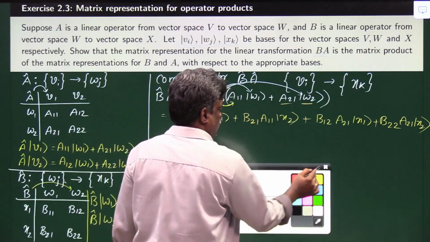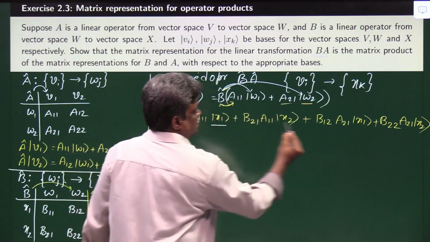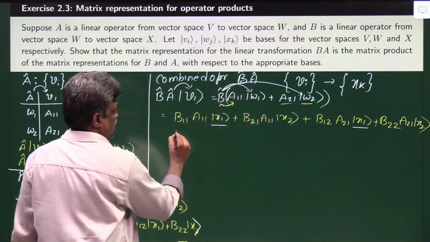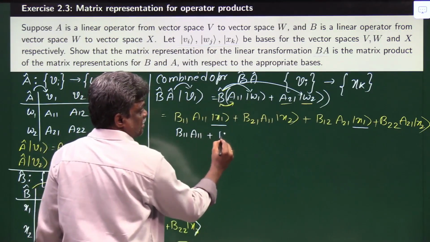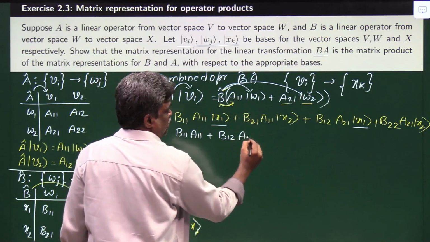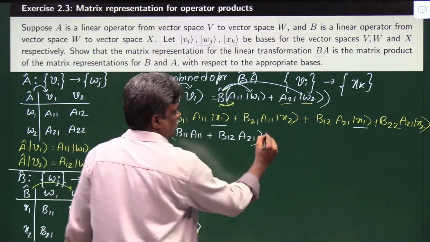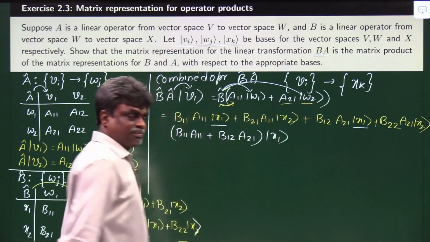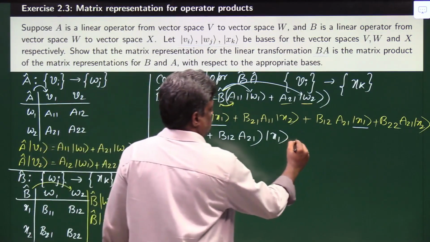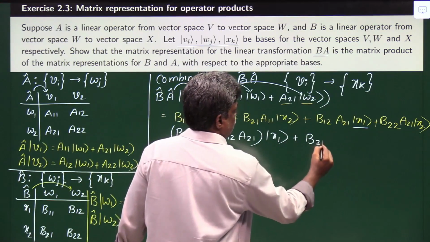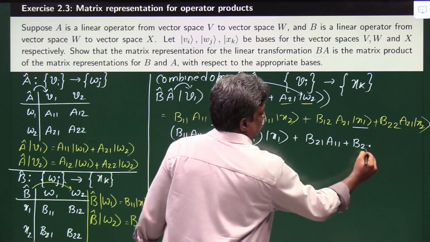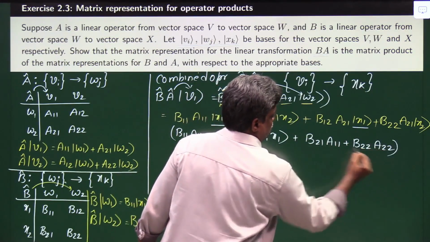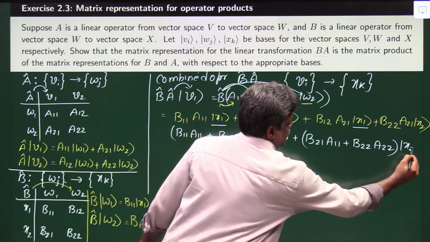Okay, so if you see carefully, here it is X1 and here it is X1. If I take common, so B11, A11 plus B12, A21, this is X1 plus similarly B21, A11 plus B22, A21 and this is ket X2.